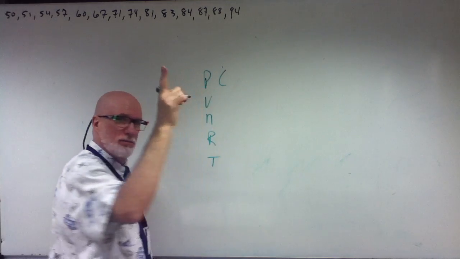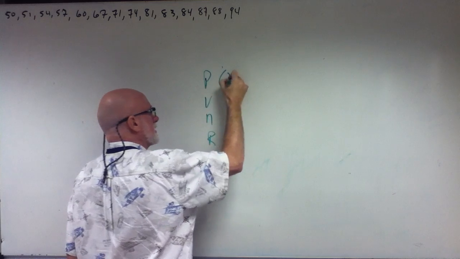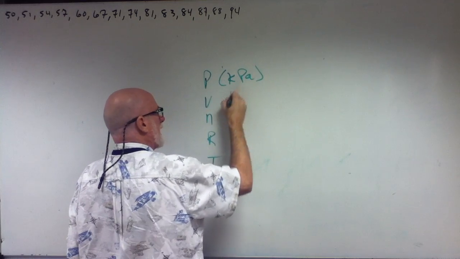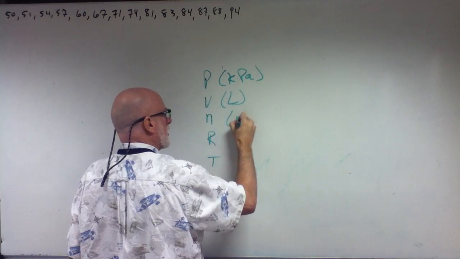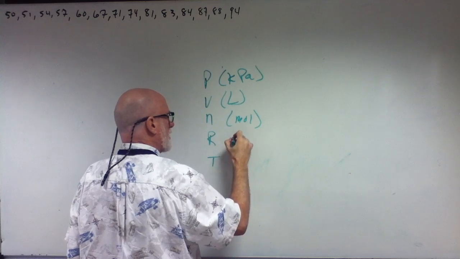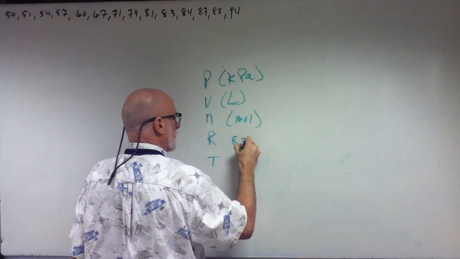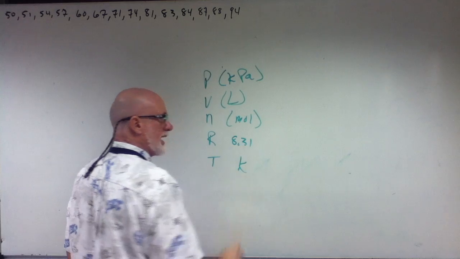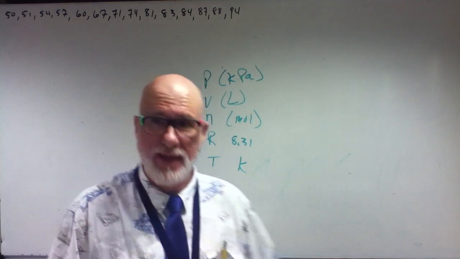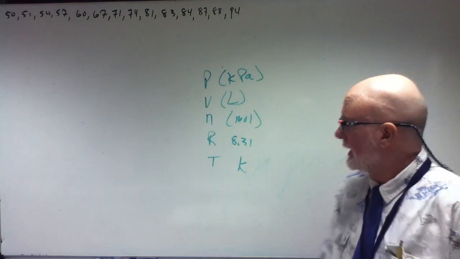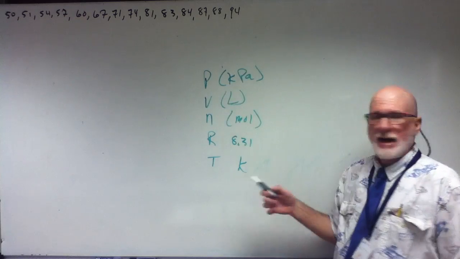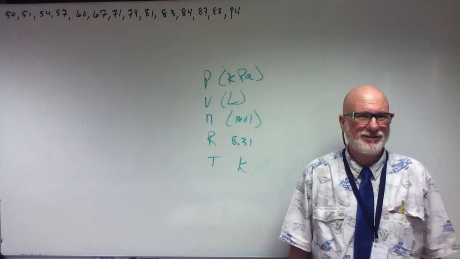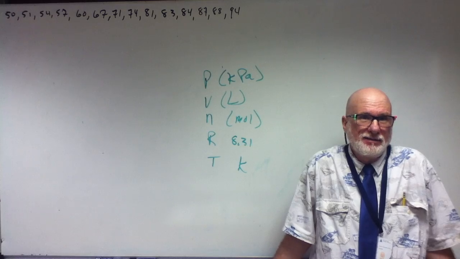If I know that this is in kilopascals, and I know this is in liters, and I know this is in moles, and I know this is 8.31, and I know this is in Kelvin, if I know all of that, then I don't have to use unit labels at all. Because I know they're going to fall out, right?